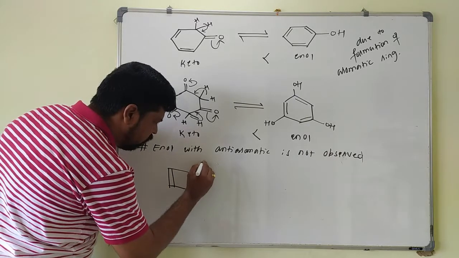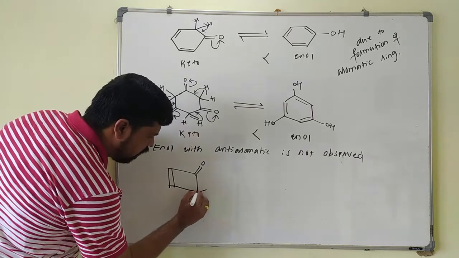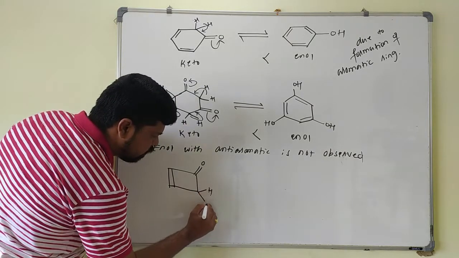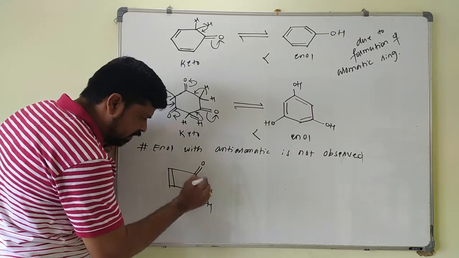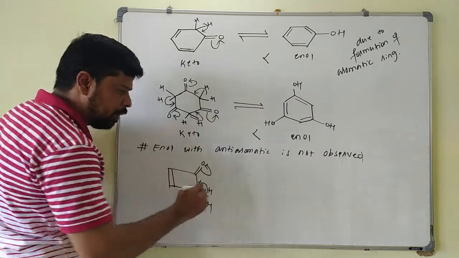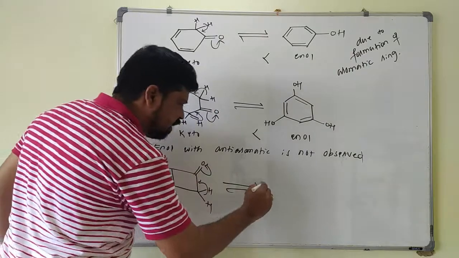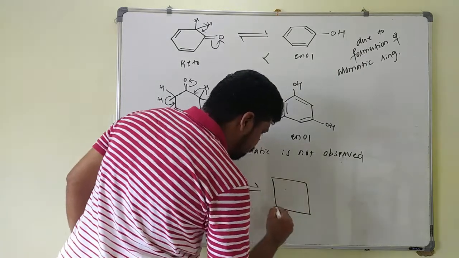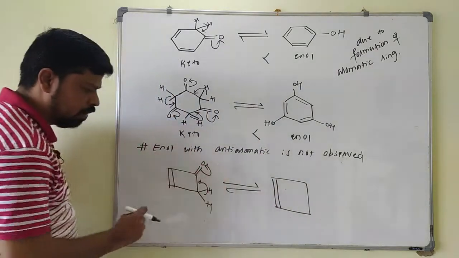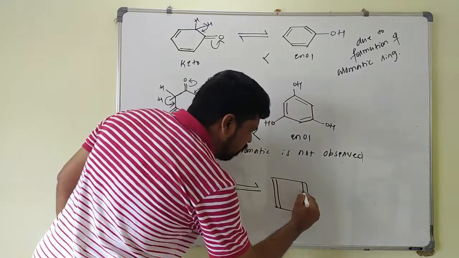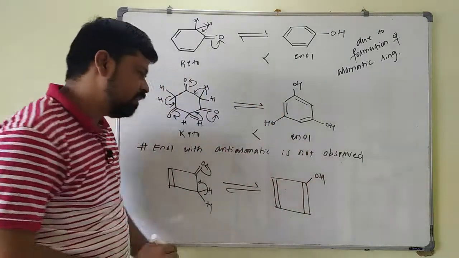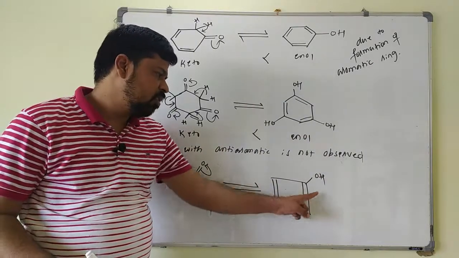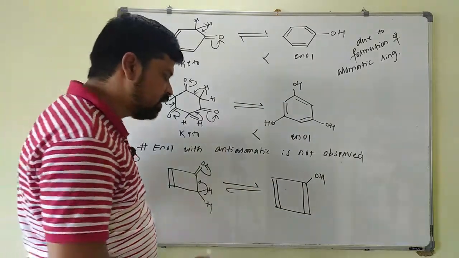You can have a keto group here. So this will be the alpha carbon atom, an sp3 carbon which has hydrogen. Now this will be shifted here and this will be going back. Now what happens here? You write cyclobutane as it is. Here it will be a double bond. You will get a double bond here. So this will again be OH, but this will be anti-aromatic, because it has 4 pi electrons.